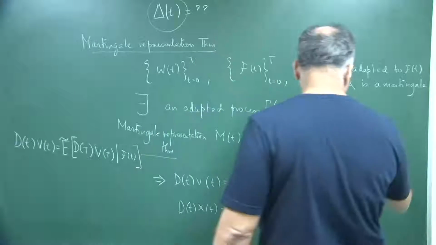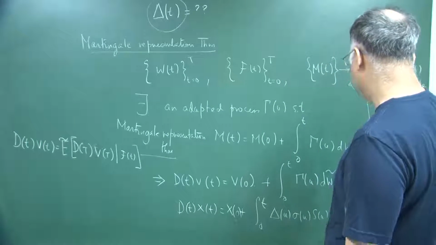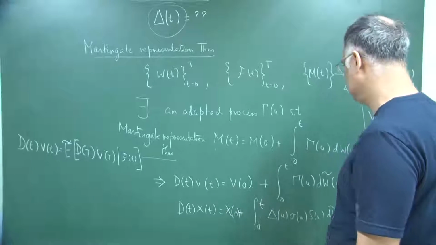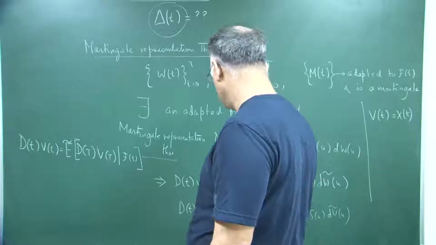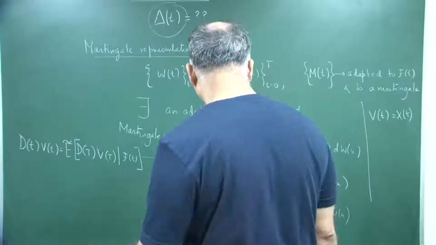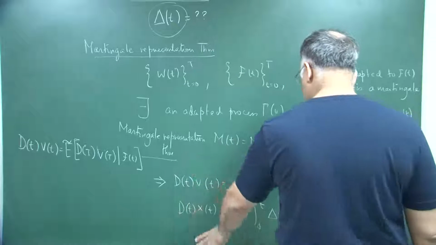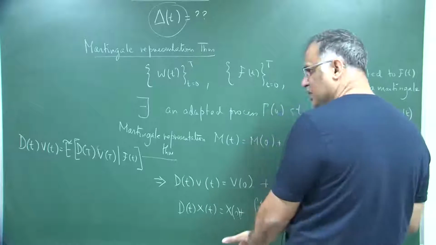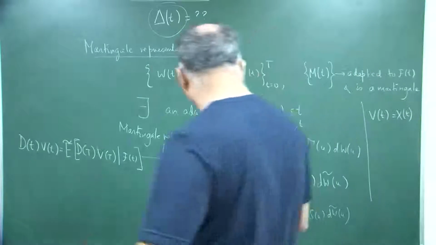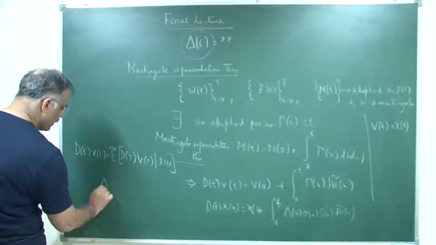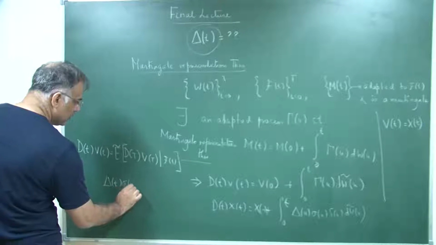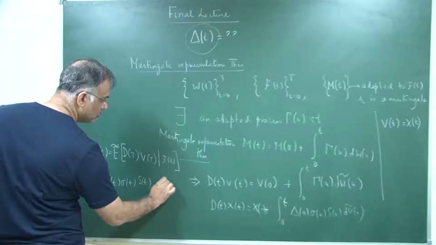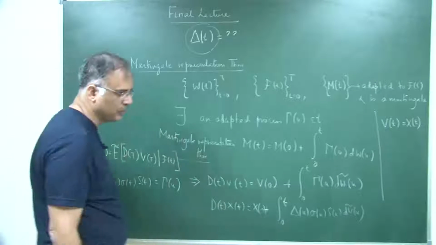Now, what do we know? We know that V_t must be equal to x_t and V_0 is equal to x_0. So, in order that these two are the same, these two integrals must also coincide. This can be done if we choose delta t sigma t S_t equal to tau u.